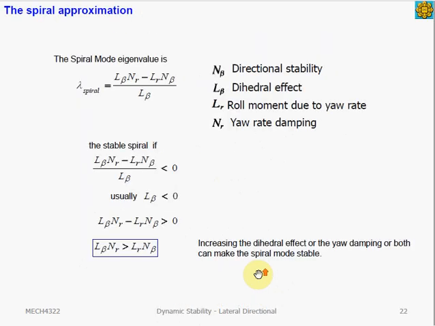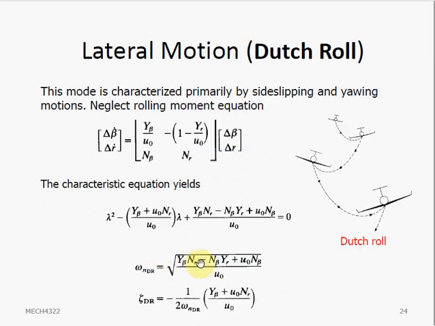But if we go back to the spiral approximation, we made a remark that for a stable spiral, we want high lateral stability but low directional stability. And it turns out that for the Dutch roll, it's the other way around. So it is actually a trade-off between spiral stability and good Dutch roll characteristics.